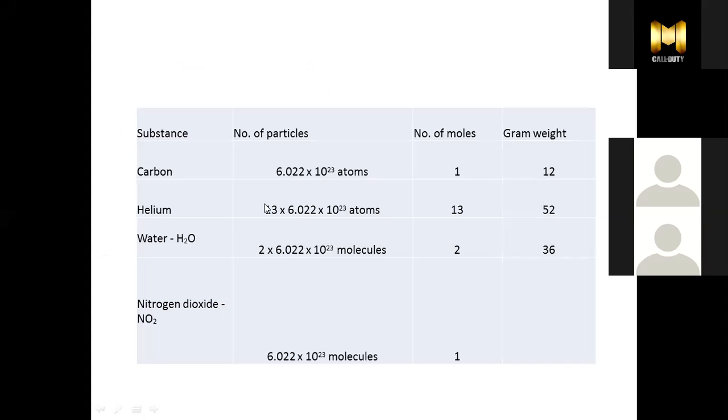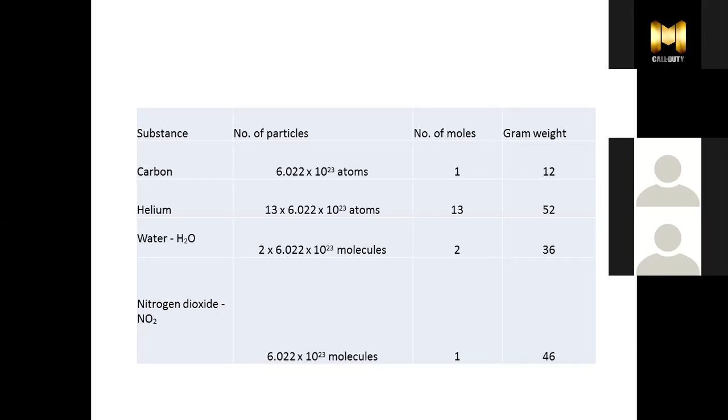As we only have 1 mole, how many molecules will be there? 6.022 into 10 raised to 23. This number we have to keep in mind. So as we have only 1 mole, we'll have 6.022 into 10 raised to 23 molecules. And its gram weight will be 46 grams.